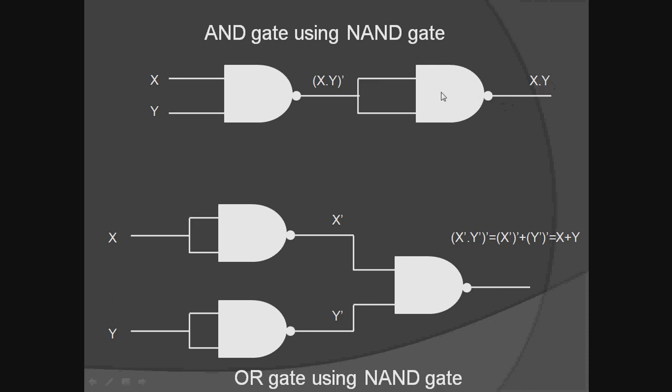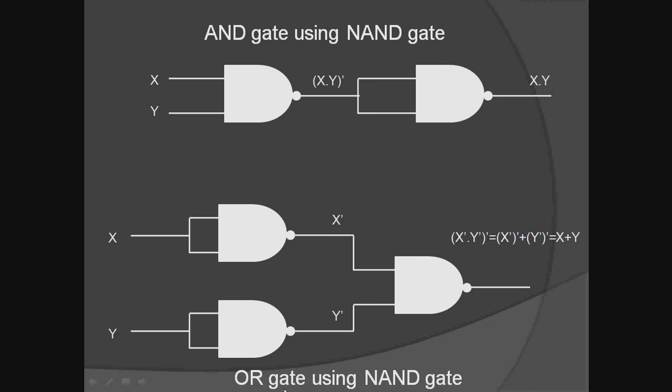In this case it will be x dot y, the whole complement. Once you reach here, it will again be the whole complement. You know that you have the different Boolean laws, so based on that, x complement, the whole complement, gives x, so that erases the complement. In this case it will be x dot y. That's why you get the AND gate.